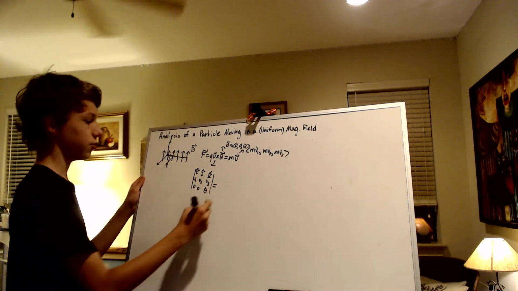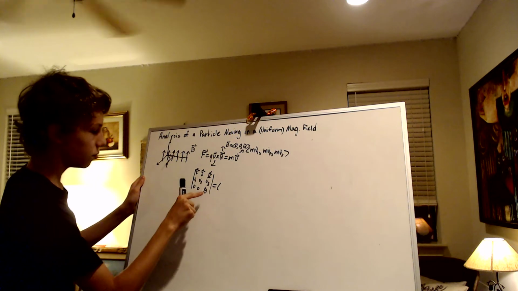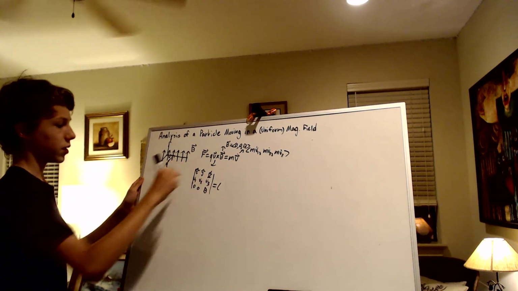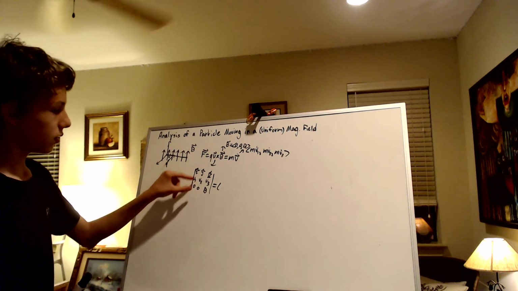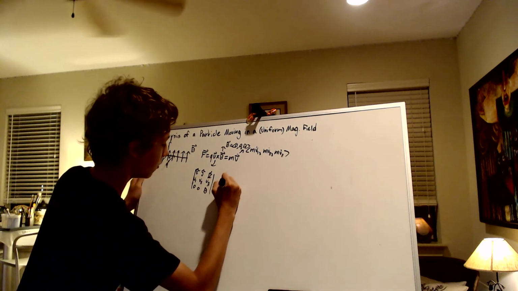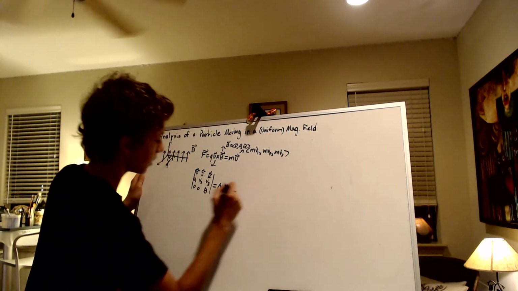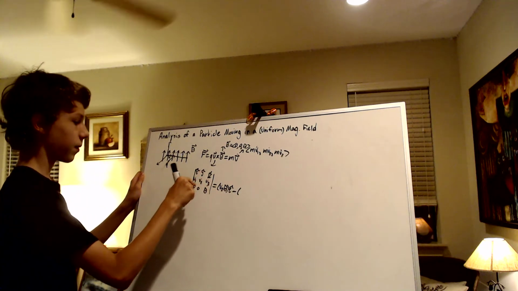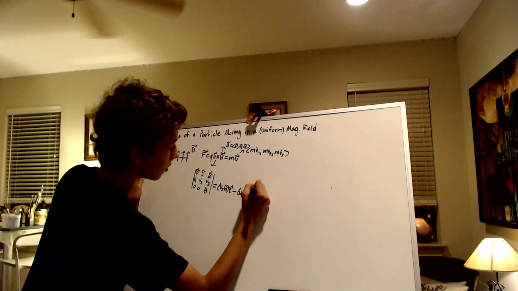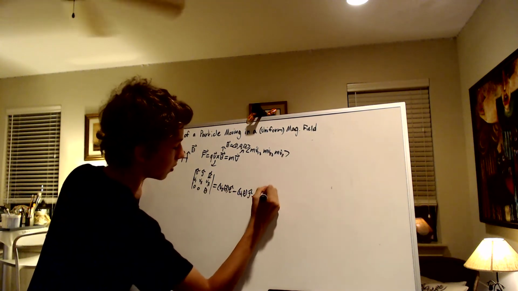So we take i hat times the determinant of this 2 by 2 matrix. We have v2b i hat minus v1b j hat, and then plus 0 k hat.